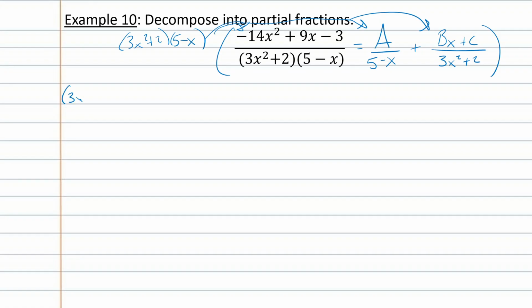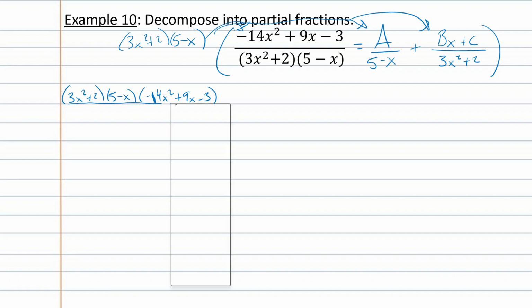So 3x squared plus 2 times 5 minus x times negative 14x squared plus 9x minus 3 all over 3x squared plus 2 times 5 minus x. So you can see the cancellation that's going to occur there.